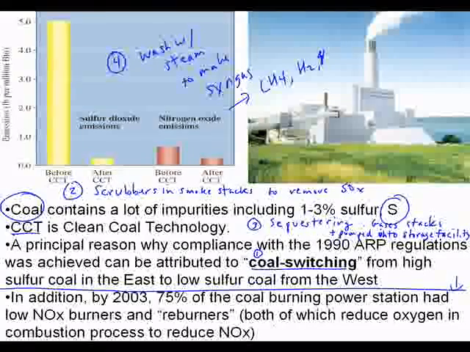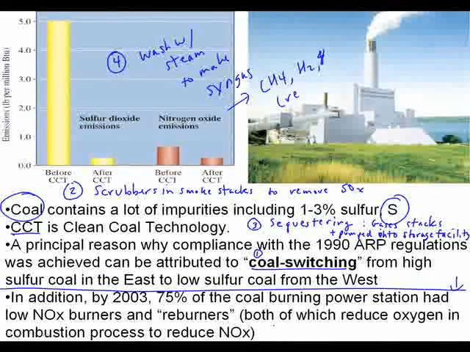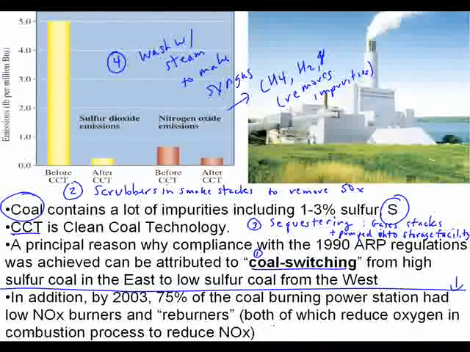All right, it removes impurities. This, of course, is also expensive, but it's going to be done.